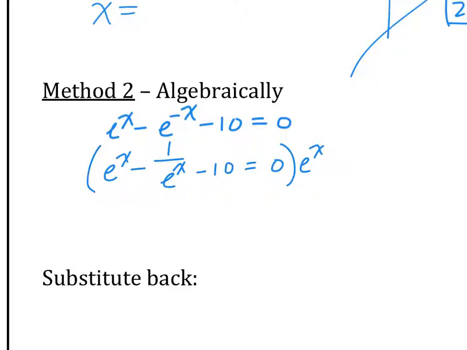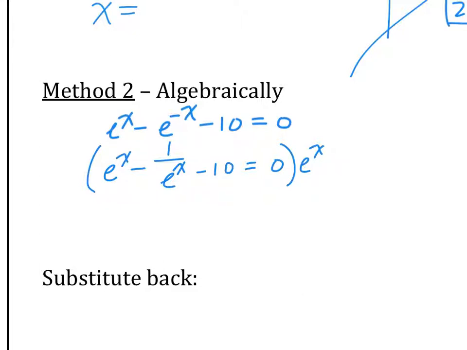Please remember all your exponent rules. This is very sad. e to the x times e to the x is what? No. Okay, talk to your partner. e to the x times e to the x. We gotta know this, or else I put you back in Algebra 2.